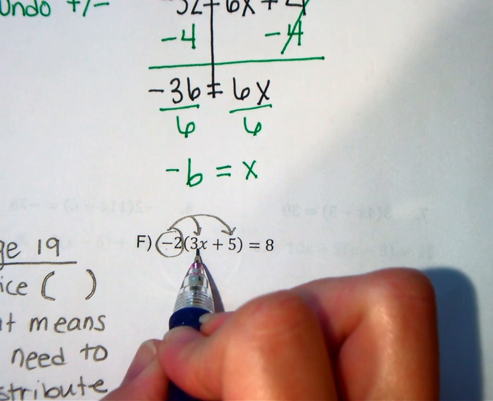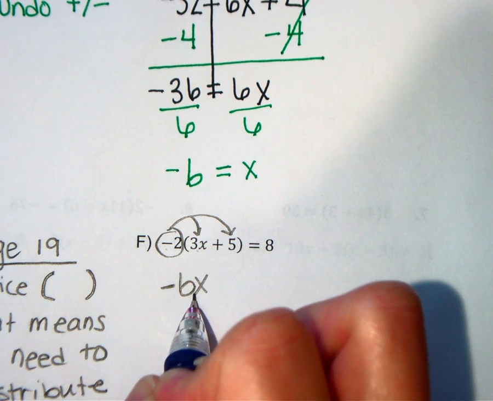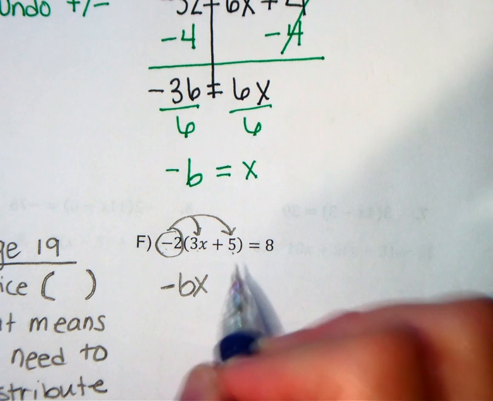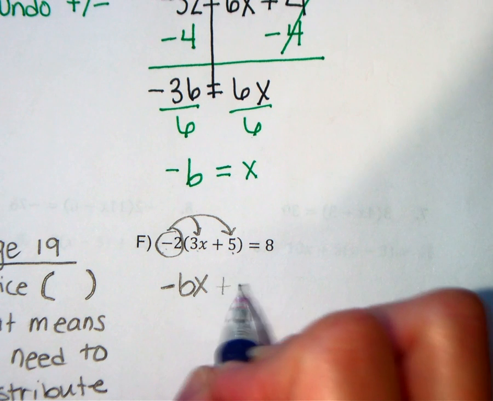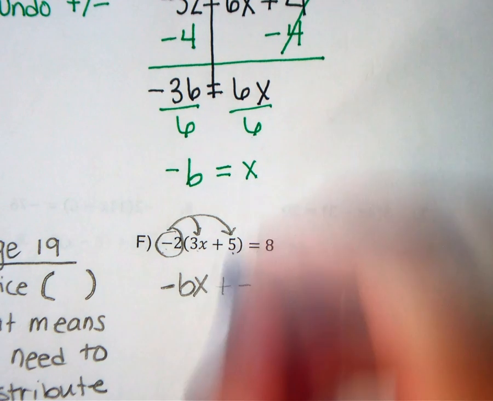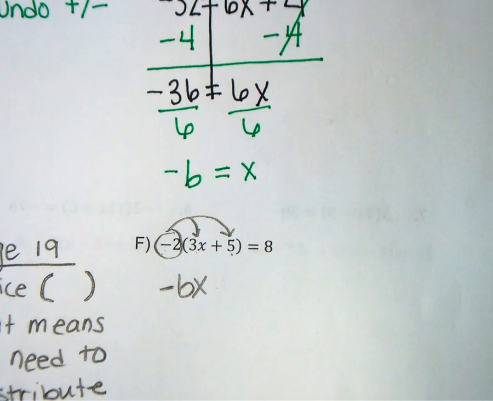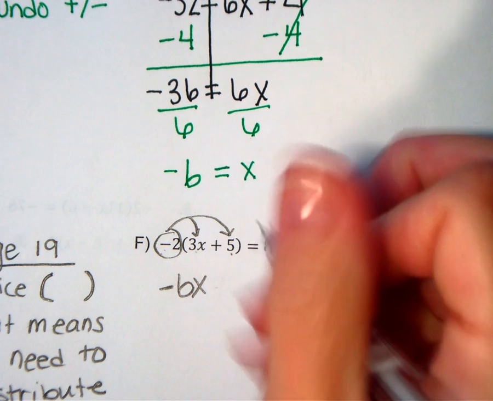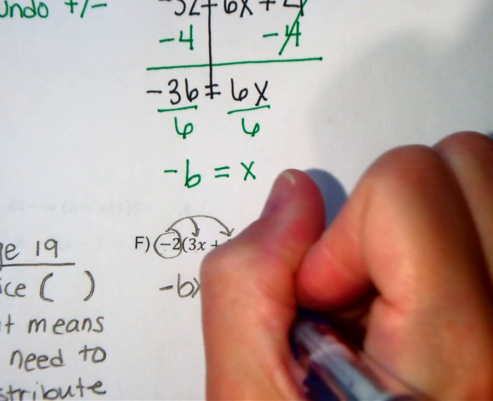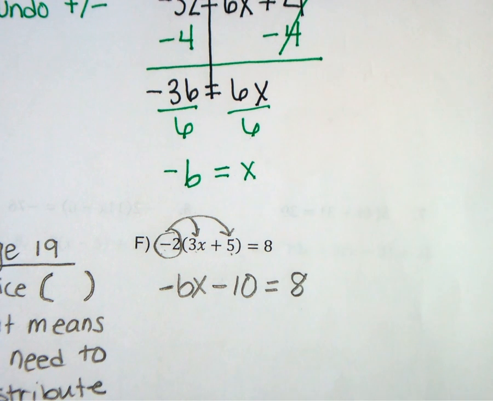So -2 times 3 is -6. And then -2 times 5 is -10. You can put plus a negative, but I'm going to just warn you that that gets confusing with the solving piece. Okay, so we're not going to write plus a negative when I do it together. So let's try to keep it without that. So we're going to do -2 times 5 is -10 equals 8.